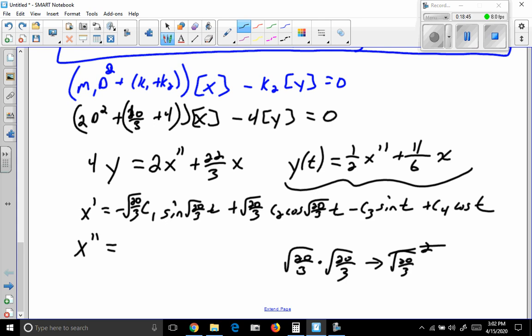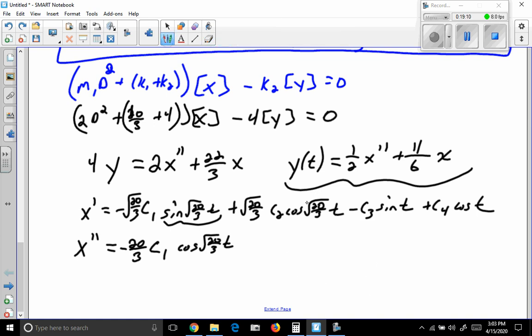So when we take the derivative of that, we get cosine of that times the derivative of the inside, another root 20 over 3. So that makes 20 over 3 out front times C1.